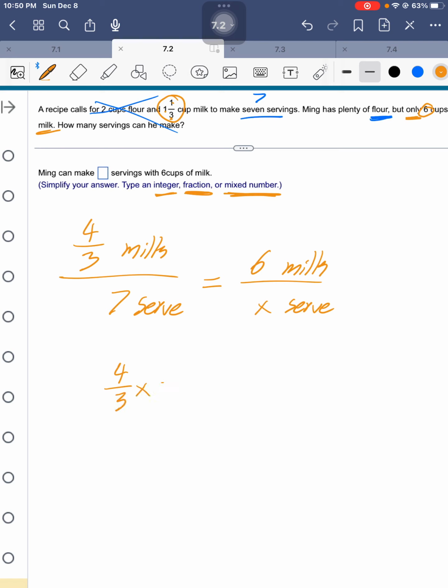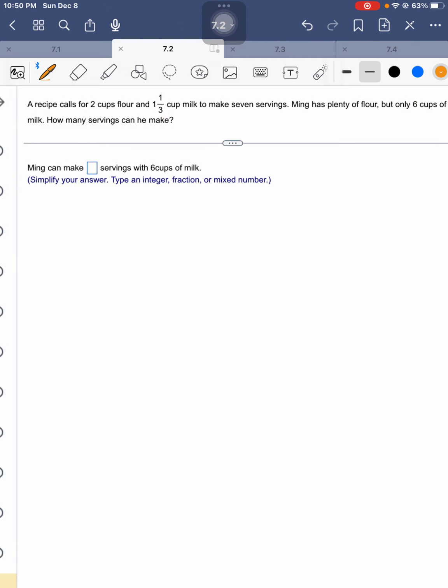So I'm going to cross multiply. So 4 over 3, oops, 4 over 3x equals 7 times 6, which is 42, right? 42. Now I'm going to multiply by the reciprocal.